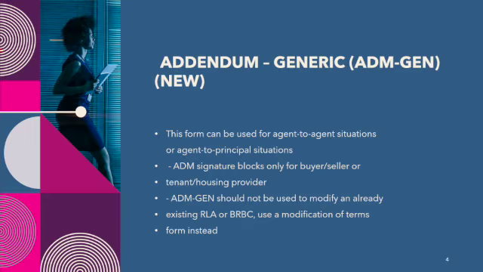A lot of the times we would have situations where you had to do an addendum between an agent and one of the parties, either the seller or the buyer, and we didn't really have a form for that because the addendums always had buyer and seller. So now this special addendum that's generic can be used for agent-to-agent situations or agent-to-principal situations.